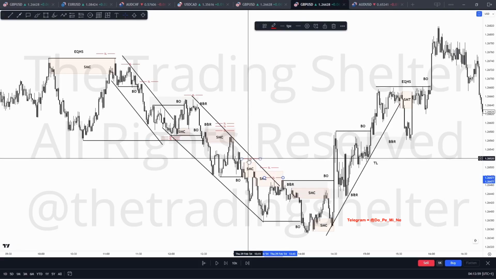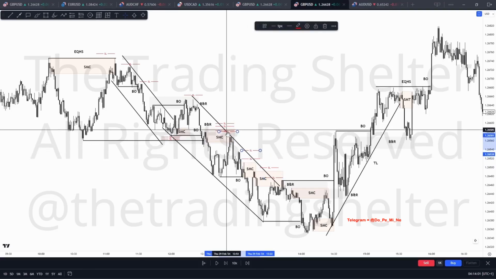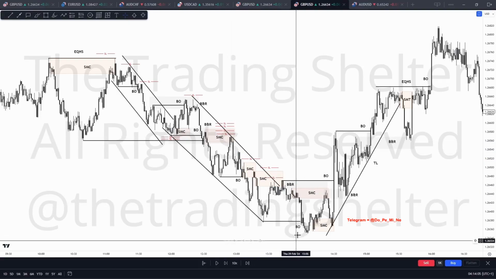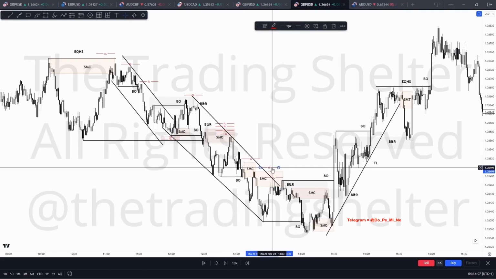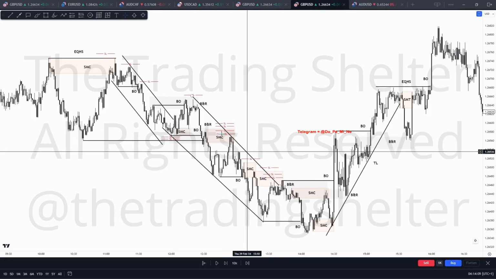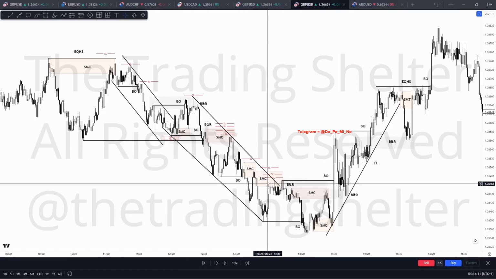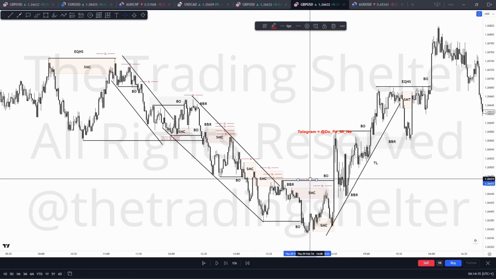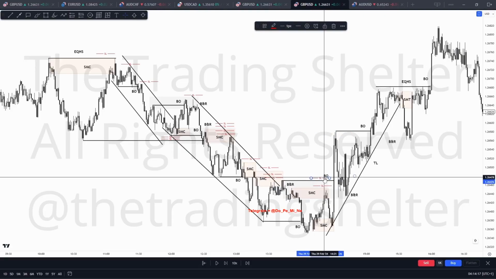We also have another stop loss here because of breakout traders. Now we have another breakout here. It's getting messed up, but it's okay. It's just a visual representation. Now we have SMC traders here. We also have break and retest traders entering here.